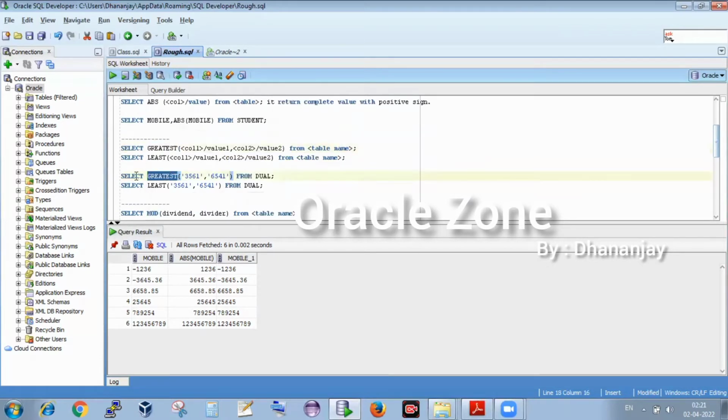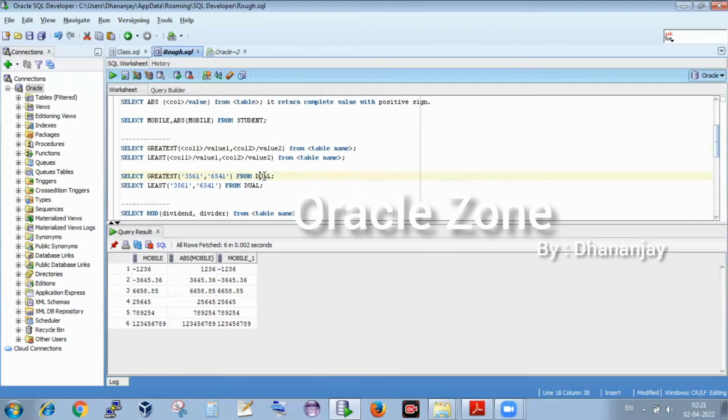For example, as you can see here in the greatest syntax: select greatest, first value I am giving 3561, and second value, comma, 6541. The table name I'm taking as dual. You can put a column name and another column name here, or your string.